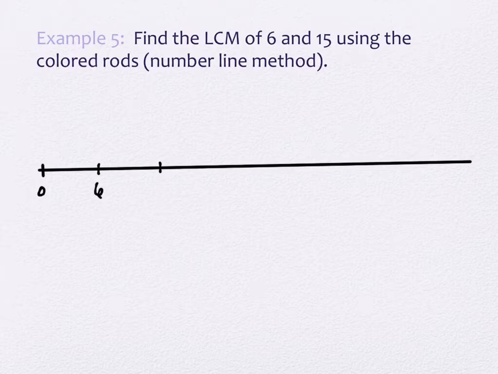So 6 plus 6 would be 12, and then I'd add another 6 and I'd get 18, another 6 and I'd get 24, another 6 and I'd get 30, and another 6 and I'd get 36, and we could do this process forever, right? So in a very real sense, we're skip counting, jumping jumps of 6.